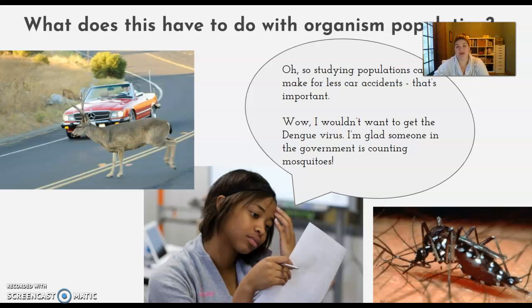Or if we have an increase in mosquitoes that are carriers of a certain disease or virus, then if their population starts to increase, then we know that we're in trouble for contracting that virus. So it's good to keep an eye on these populations and really understand how delicate our ecosystems are, that we need to understand when they are getting out of balance.